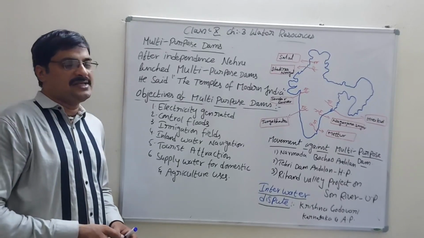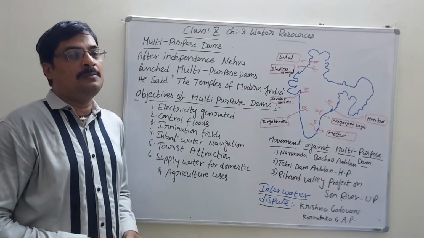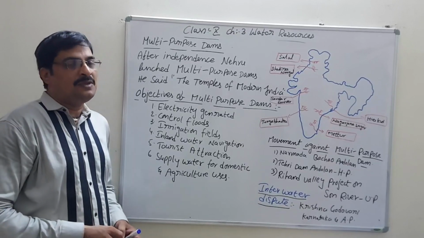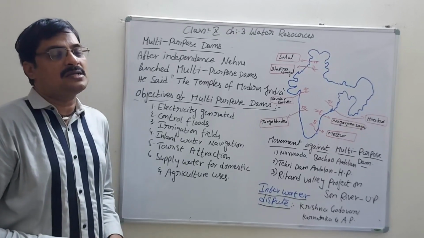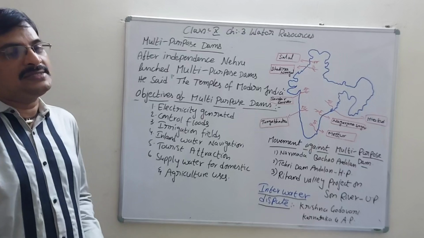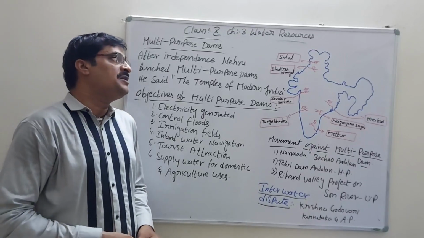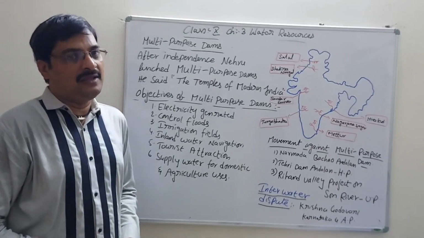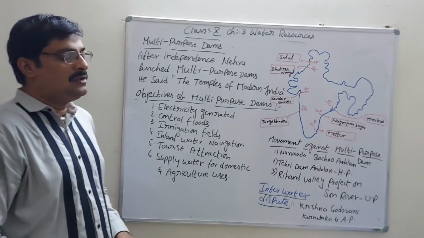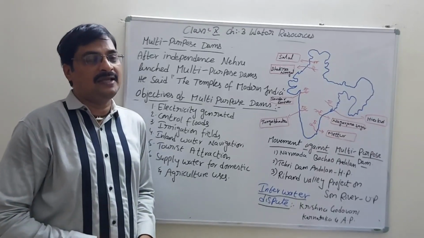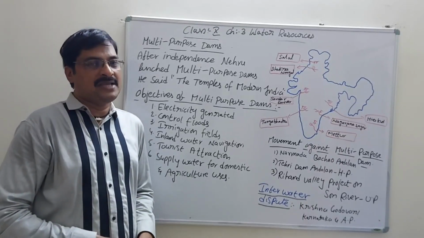According to this, the map is very important for the board exam. 5 marks are allotted for map pointing. In map pointing, according to this lesson, we have multi-purpose dams.